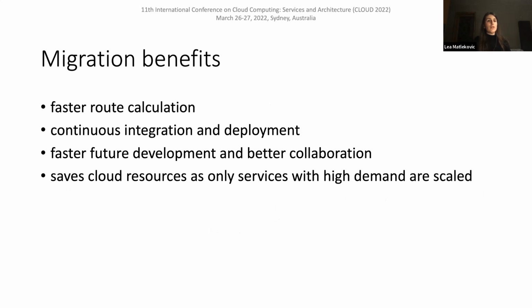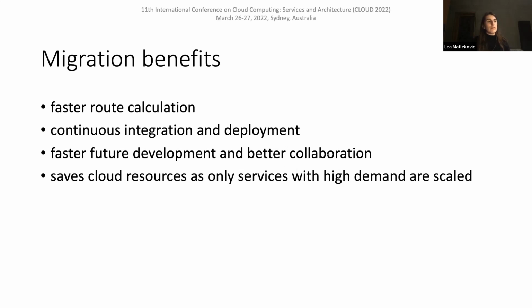These are in general some benefits we got from migrating from monolith to microservices, not only faster route calculation, but we have continuous integration and deployment, which is speeding up development and enabling better collaboration.